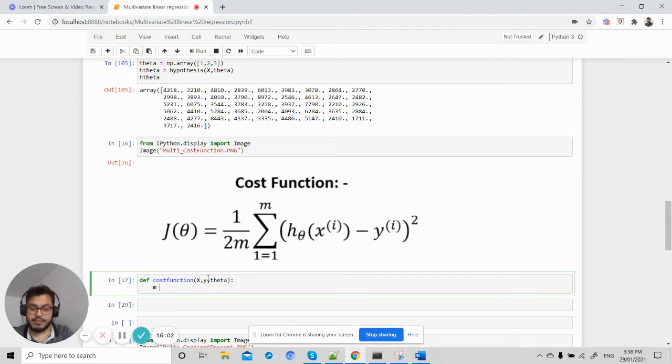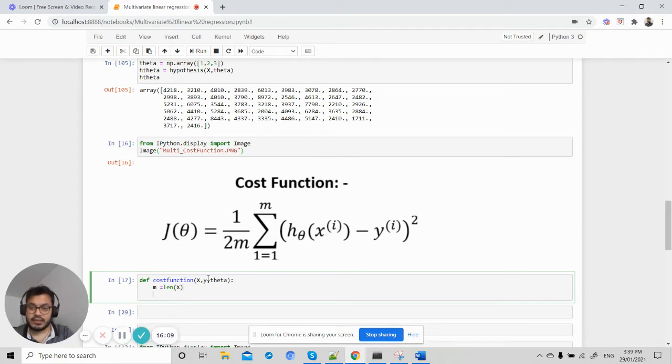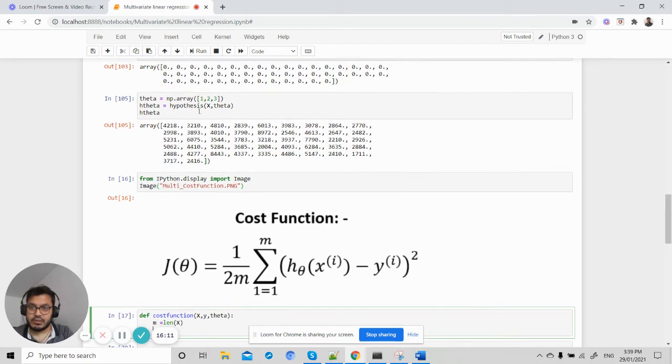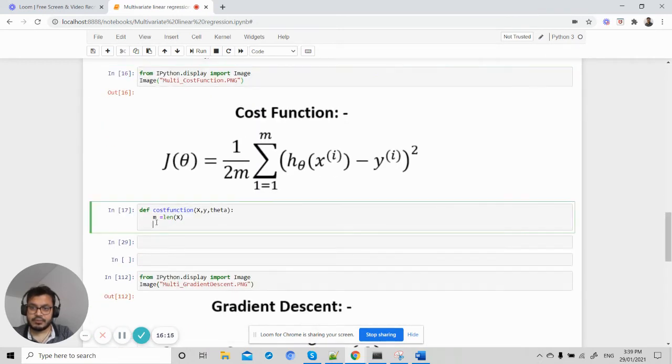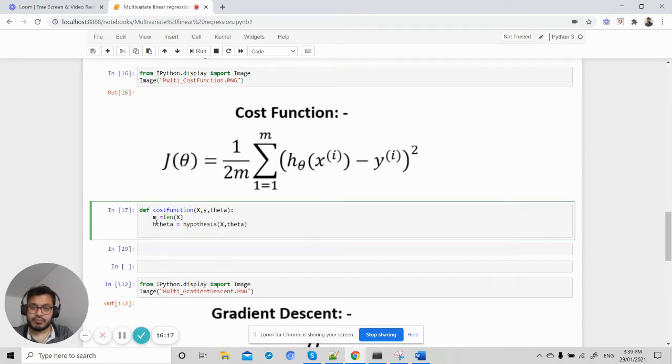My m is the length of x, and we have already calculated our h of theta, so this is my h of theta. Now we need to do the subtraction. So let's say J of theta equals h of theta minus y.